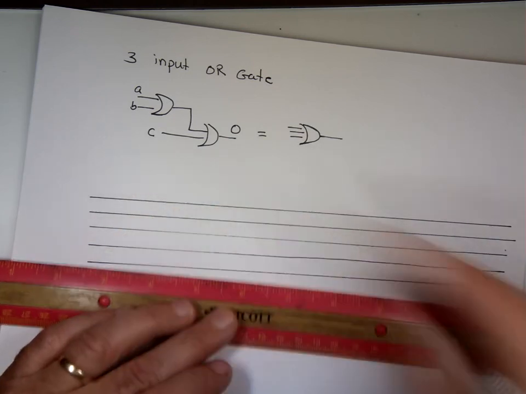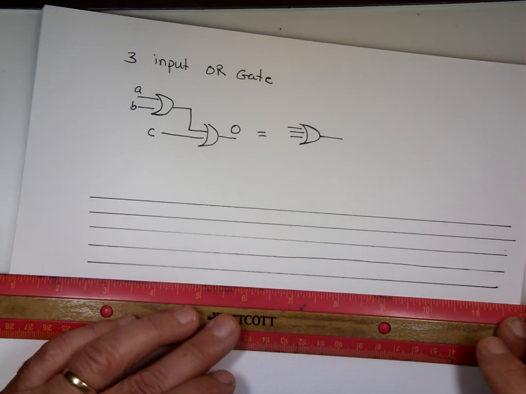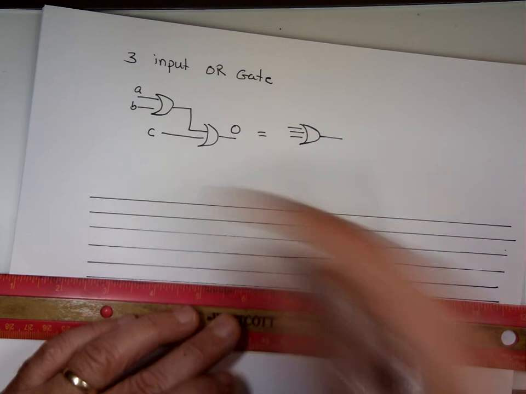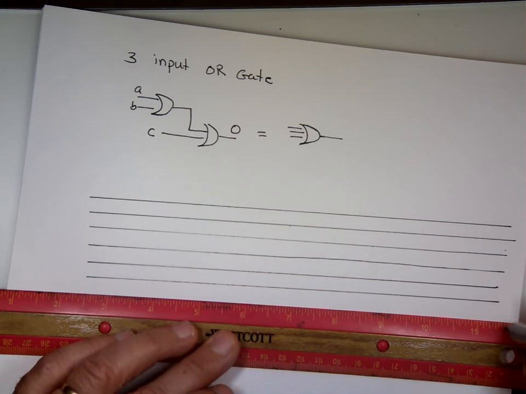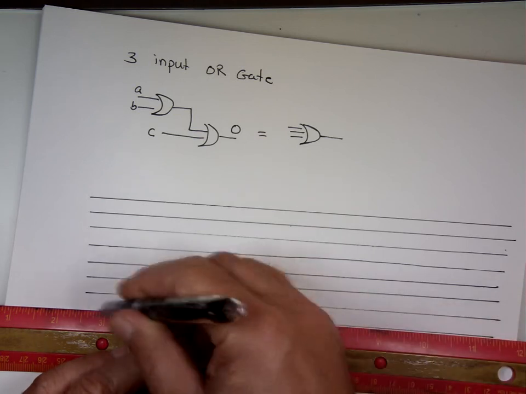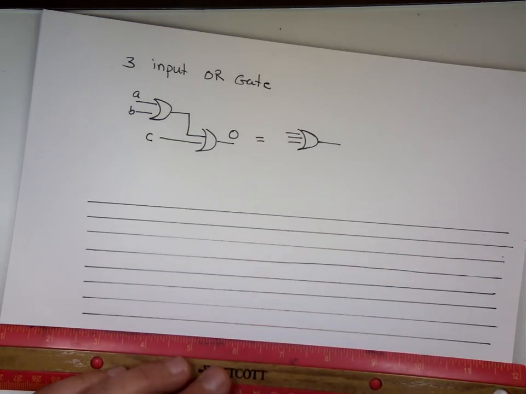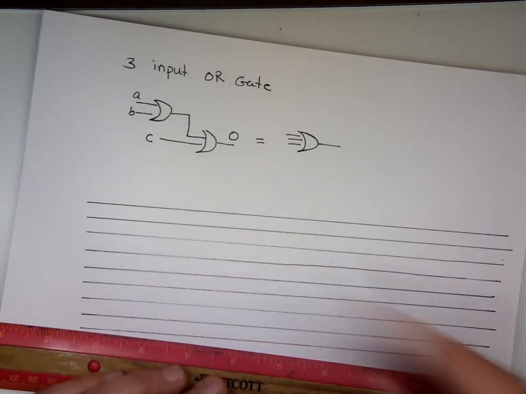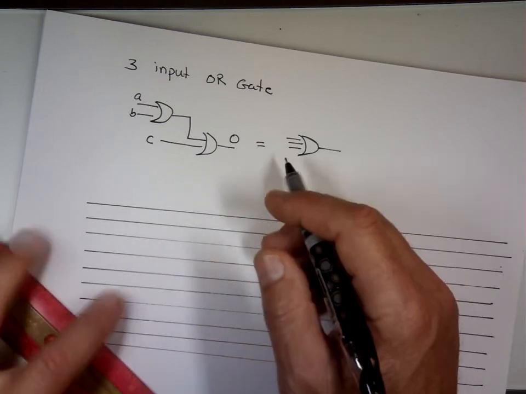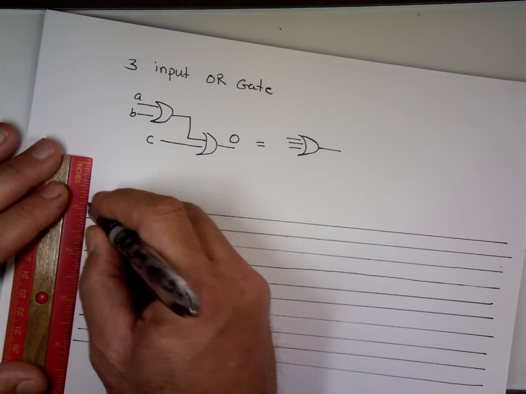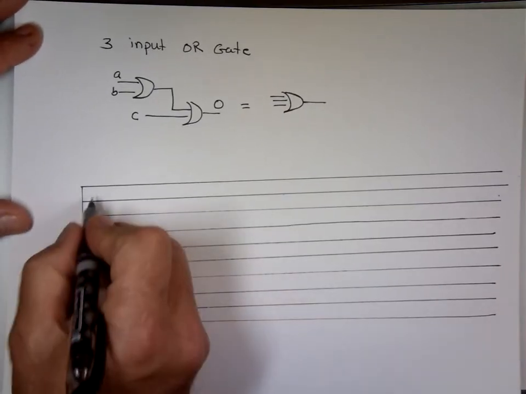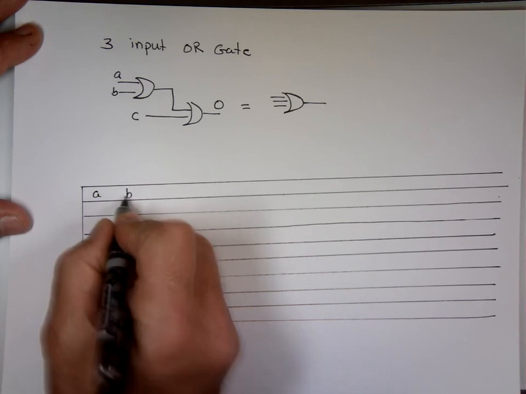I don't know why I'm making it this big either. 1, 2, 3, 4, 5, 6, 7, 8, and I need the label, the header, 9. So this is A, this is B, this is C.